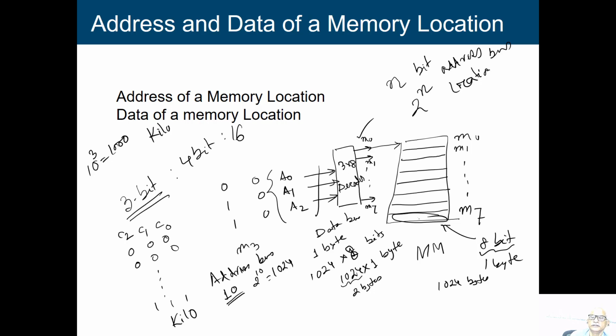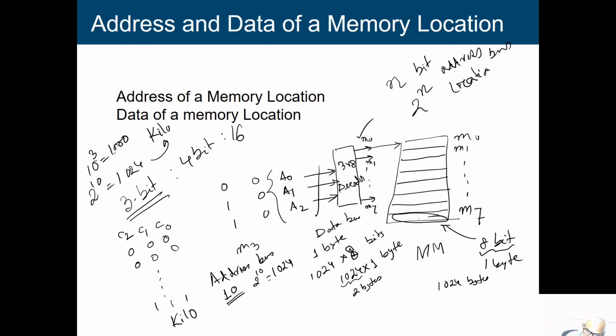But in our binary system, or in computer terminology, 2 to the power 10, which is equal to 1024, is treated as kilo. This is the way we interpret it. So, kilo in a computer system is slightly more than 1 kilo in the metric system.